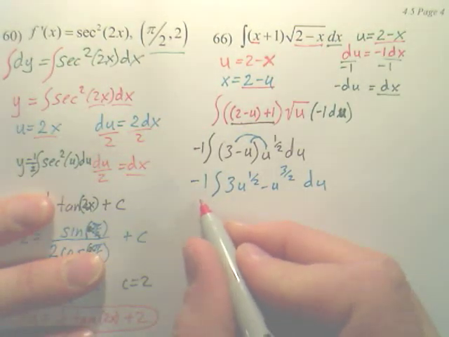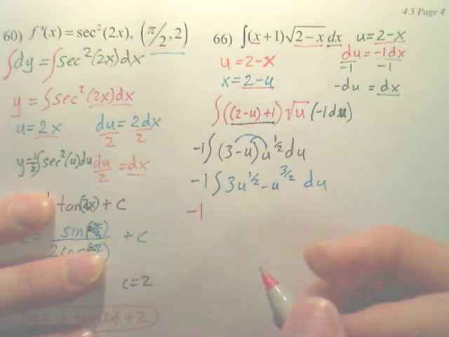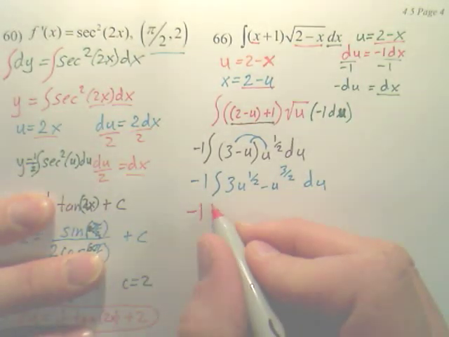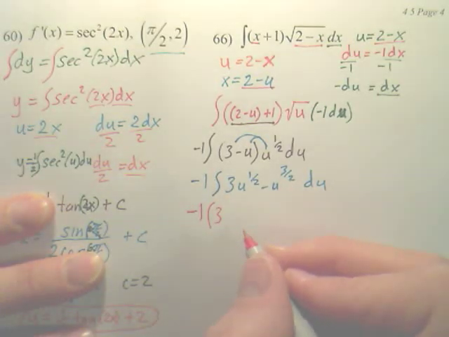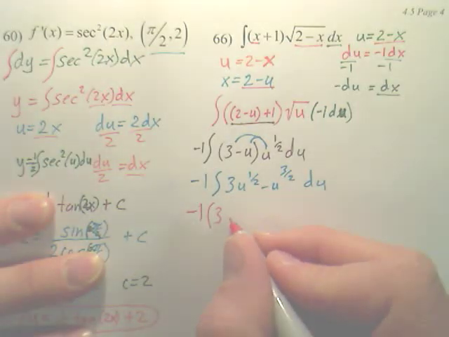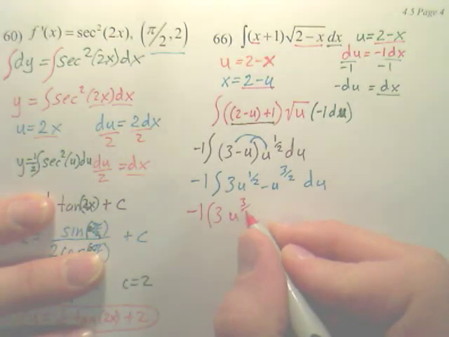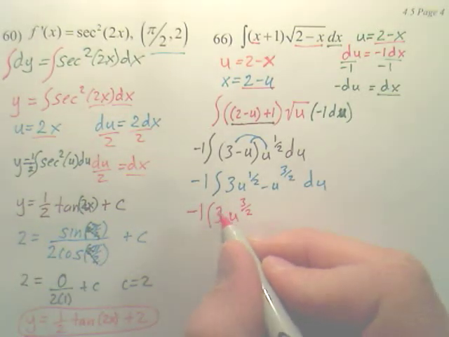Okay. So now we integrate this, so it's simply going to be negative 1 in front. And this is going to be 3, and this, when you integrate it, becomes 3 over 2, which becomes u to the 3/2. And the 3 disappears. Do you understand there's going to be a 2 there?